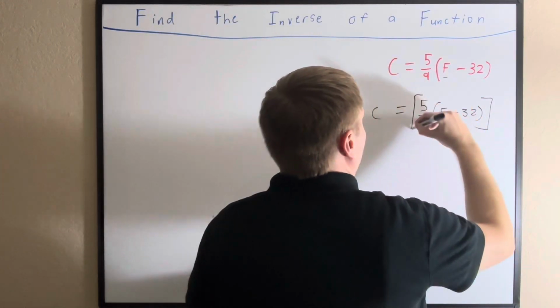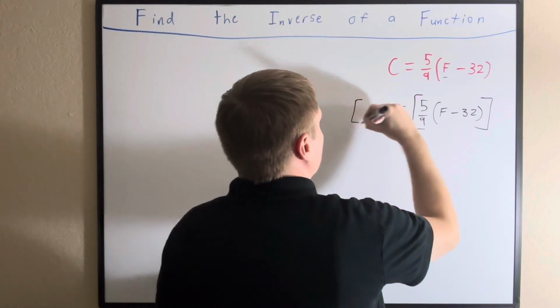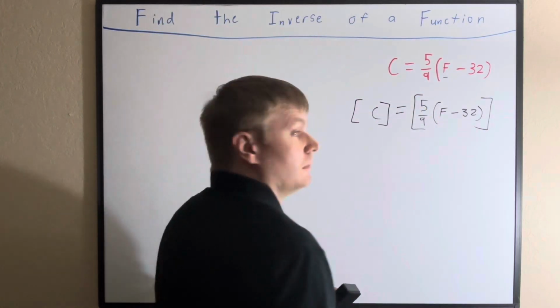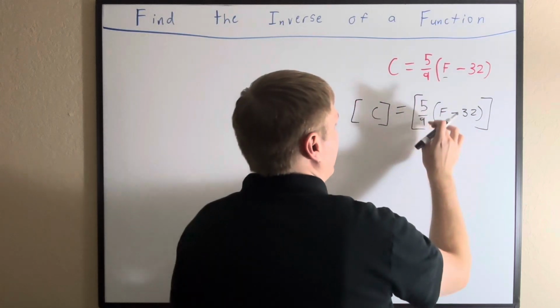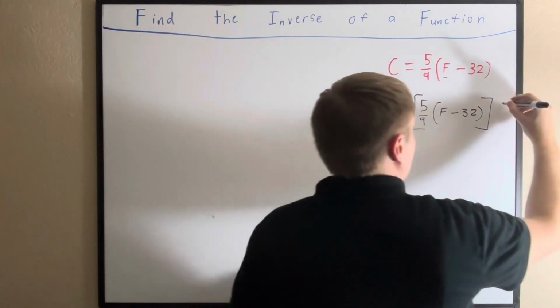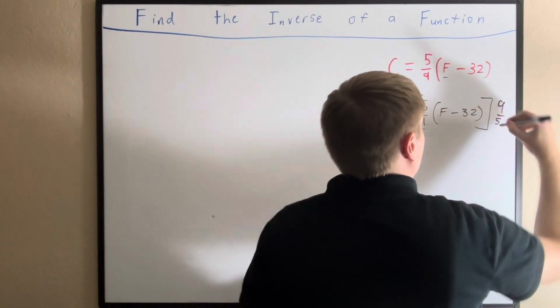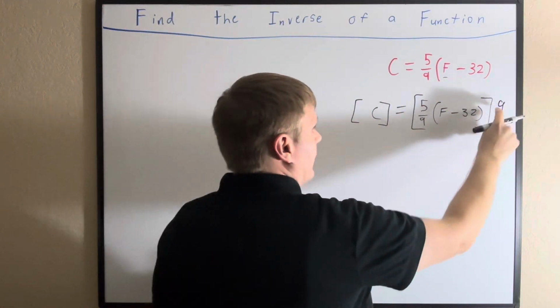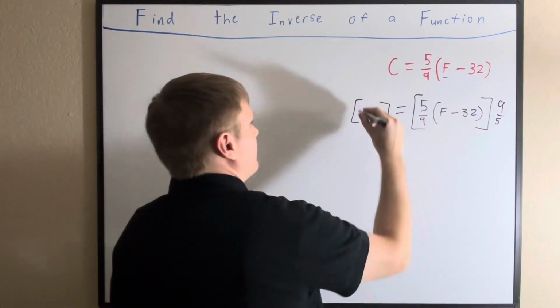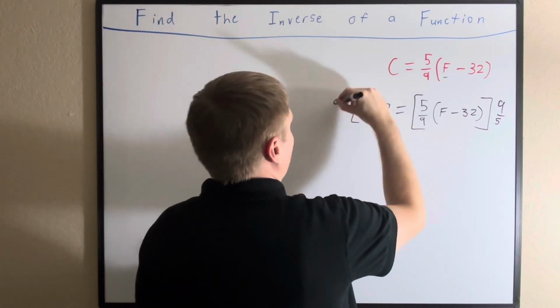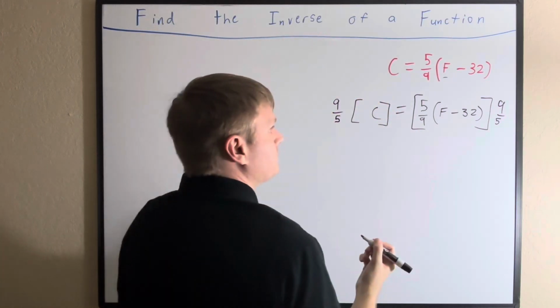We have to multiply both sides of the equation, because whatever you do to one side of the equation, you have to do the other, right? By the reciprocal of 5/9, right? So 9/5. That way, your 9 divided by 9 cancels out, and 5 divided by 5 cancels out. So we got to multiply this side by 9/5 as well.